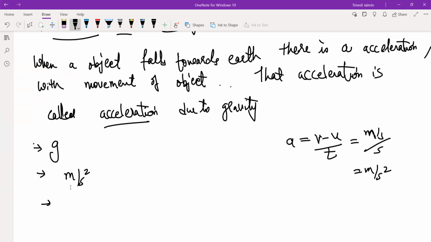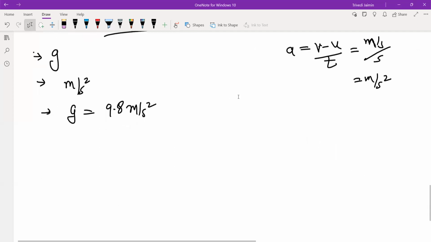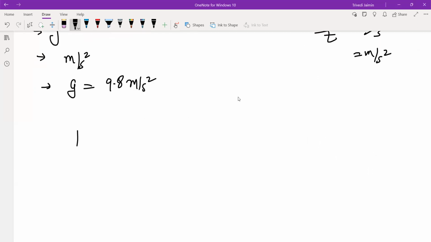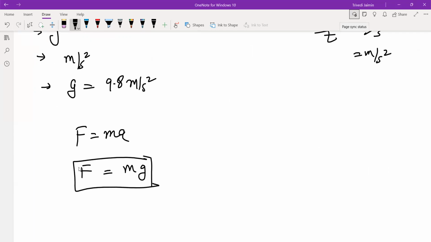So the value of g is 9.8 meter per second square. So what's the force formula for this one? F equals ma. For force due to gravity, it will turn to F equals m g. Exactly. mg.